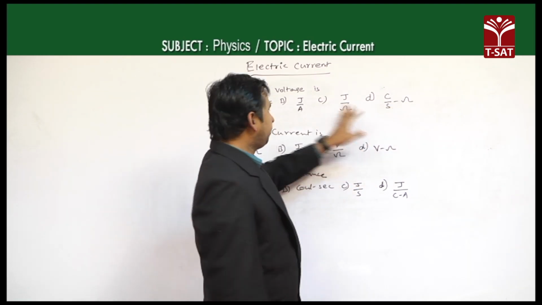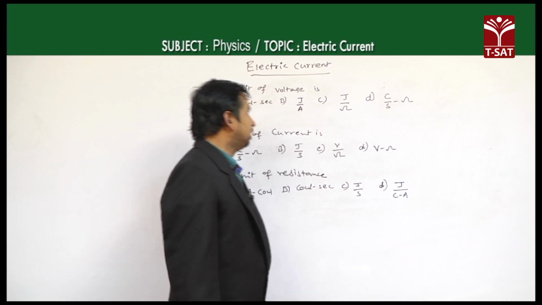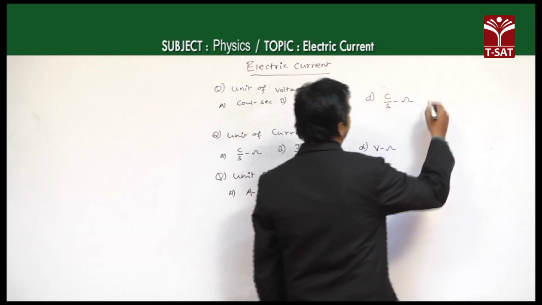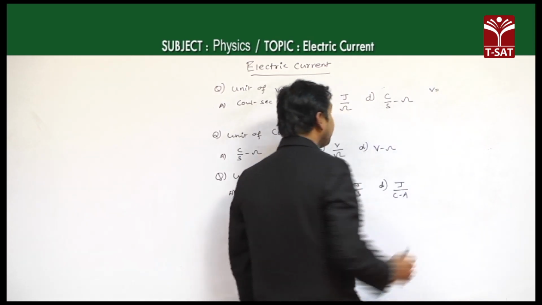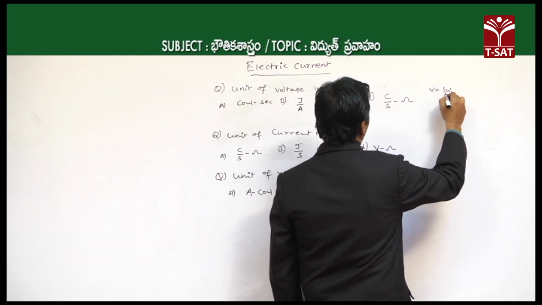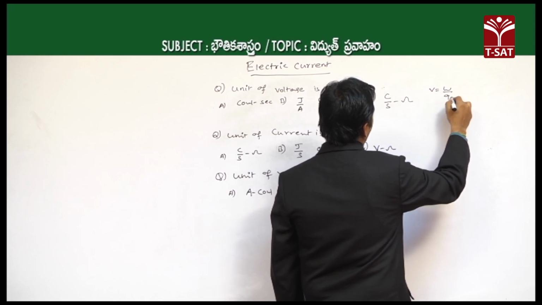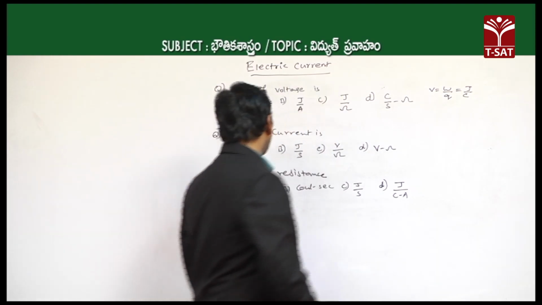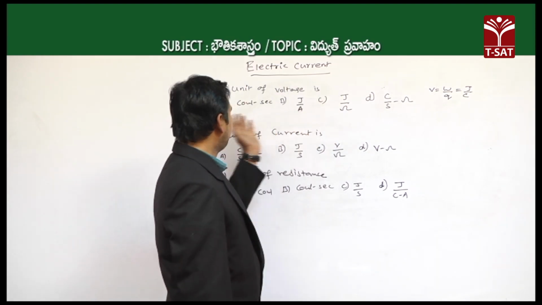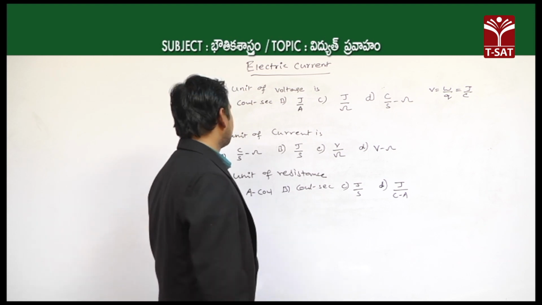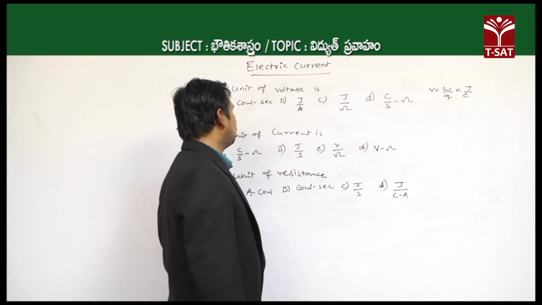Depending on the given one, we have to change our unit here. The actual voltage is V is equal to W by Q. If you write it in terms of joules, V is equal to W by Q, joule per coulomb. Actually, in none of the cases do we have joule per coulomb. In the first case, it is given in terms of coulombs and seconds.